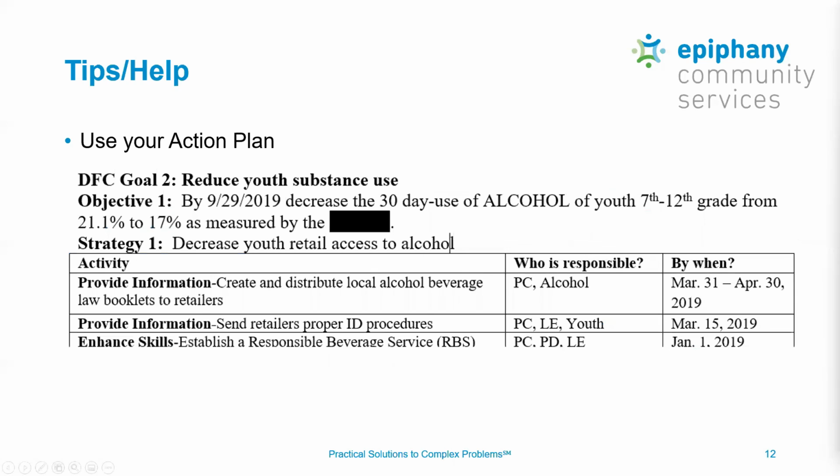And you also heard me mention an action plan as well. Action plans can be really helpful if you're someone who's like, I don't want to have to create a completely separate diagram. I just want to use what I already have. Action plans can be very helpful as well, because our action plans usually detail out what community changes we want to see. So for instance, we might see things here as create and distribute local alcohol beverage law booklets to retailers.